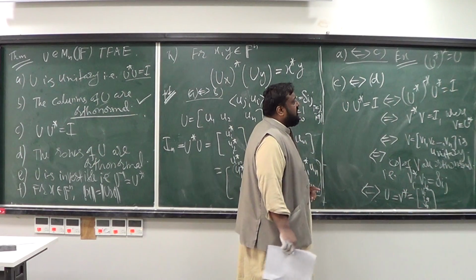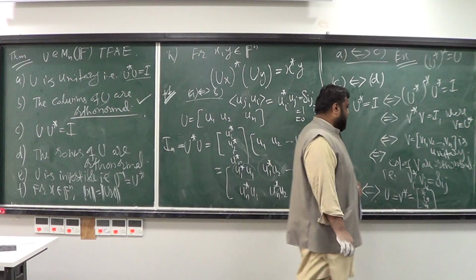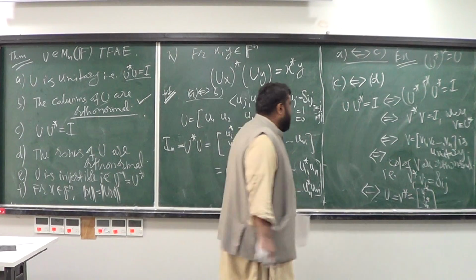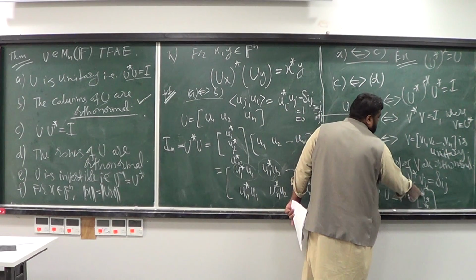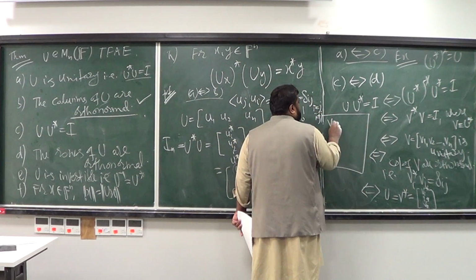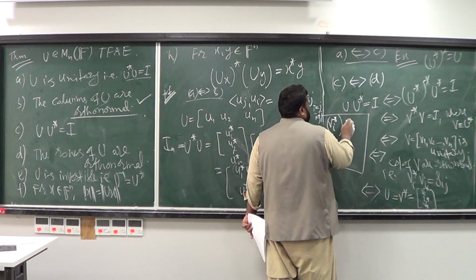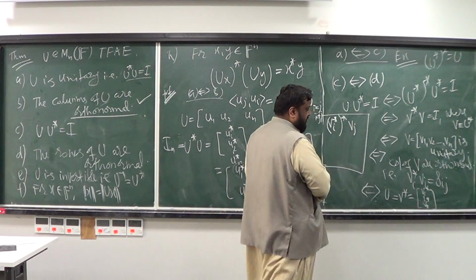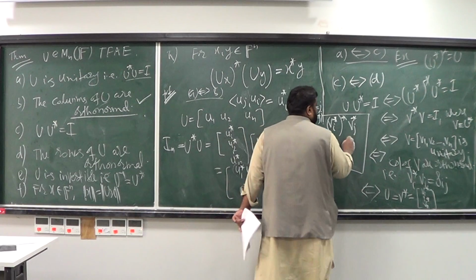And why is V star equal to U? Because V is U star, and its star is U actually. Now my claim is that the rows of U, which are these V1 star, V2 star, are orthonormal as well. Why? Because if you take Vi star, the ith row, and multiply it with Vj, what are you going to get?